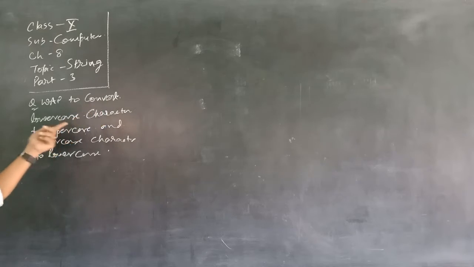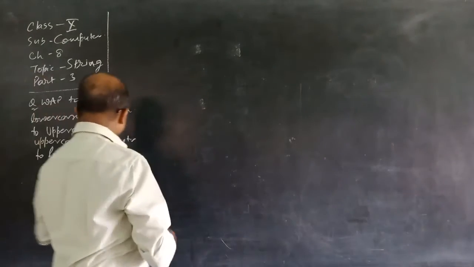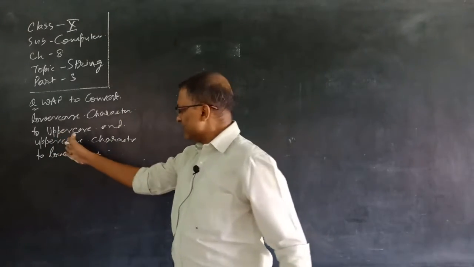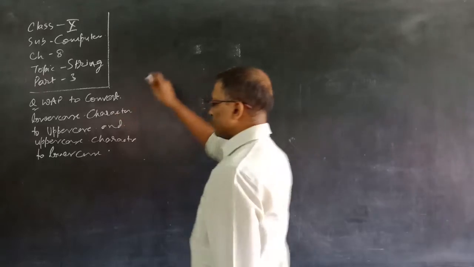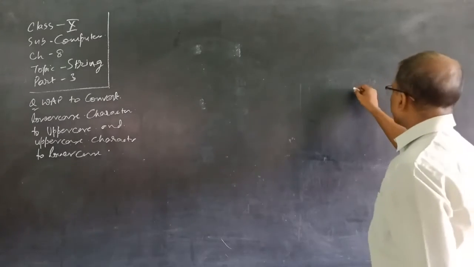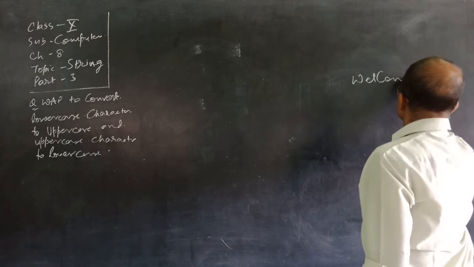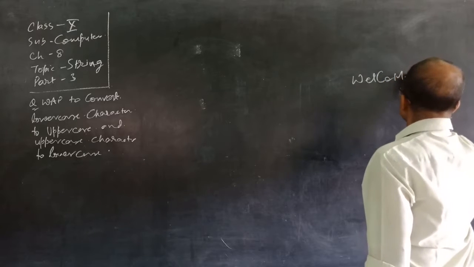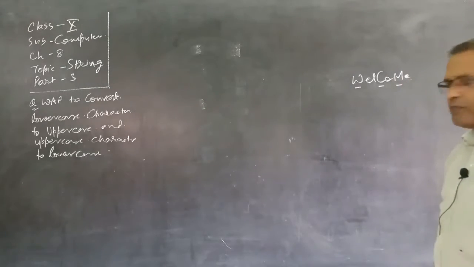Write a program to convert lowercase characters to uppercase and uppercase characters to lowercase. It means, if I give an example, suppose here is "WELCOME"; here W, C and M, these three characters are in uppercase.